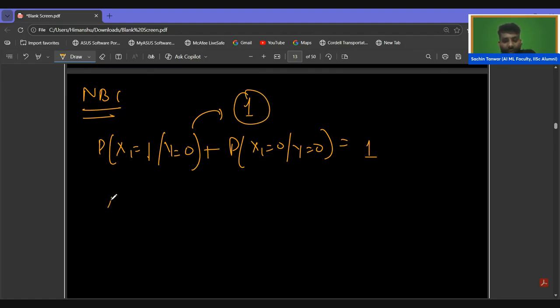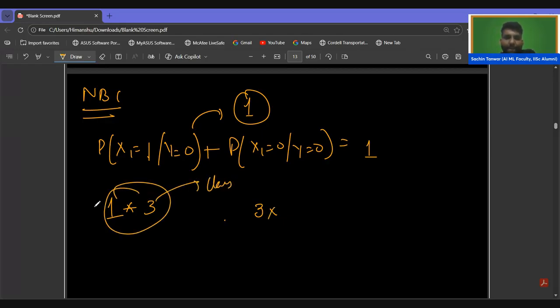So one parameter minimum is required for each feature given a class. How many features did we have? We had 3 features, so I would just multiply it by 3. So in all, 3 is the number of minimum parameters required for a class to determine the likelihood.